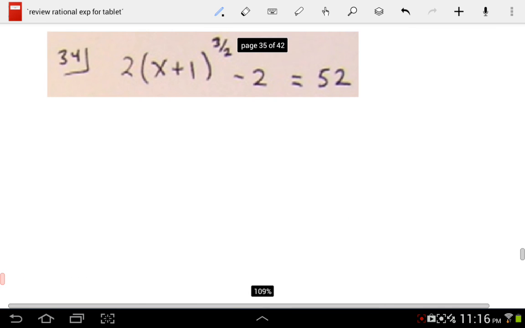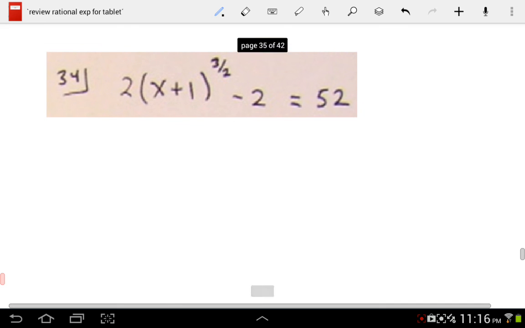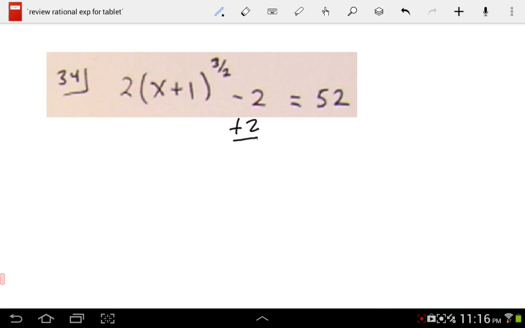Okay, number 34. Again here, let's isolate the radical. So remember, this raised with this rational exponent is a radical. So I'm going to get rid of that 2 first. That's going to give me 54 over there.